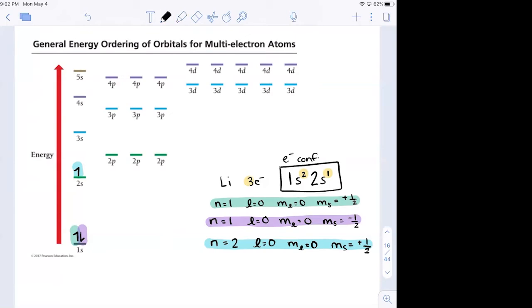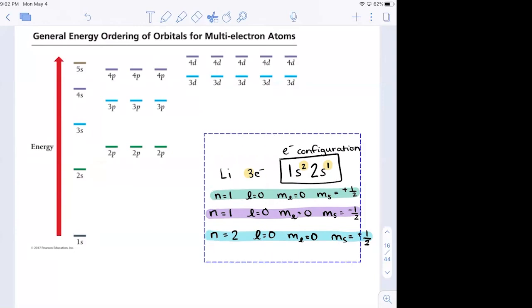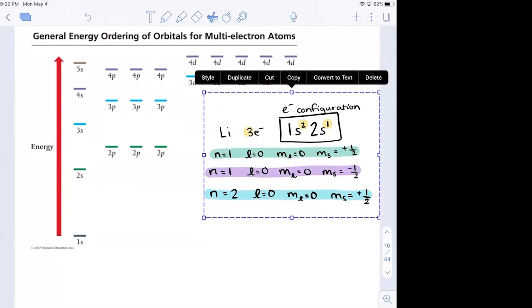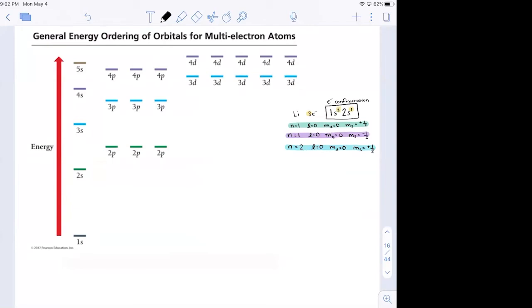It tells us a huge amount of information about not only quantum numbers, orientations, spins, and energies of the electrons within this element. Let's try another one. I'm going to go ahead and erase these. I'll keep our data for lithium way up here so that we can move forward.